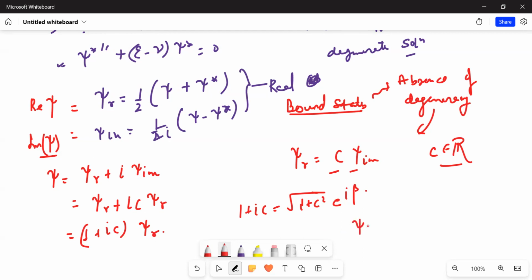So psi is basically equal to something like root over 1 plus c square, e raised to the power iota theta, times psi_r. So basically, any solution to the bound state, up to a phase, is equal to a real solution.